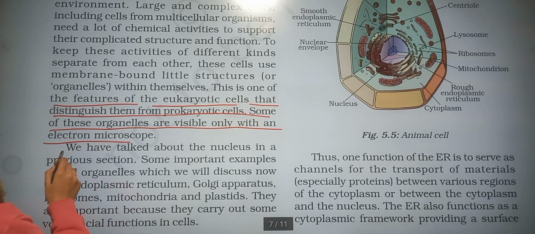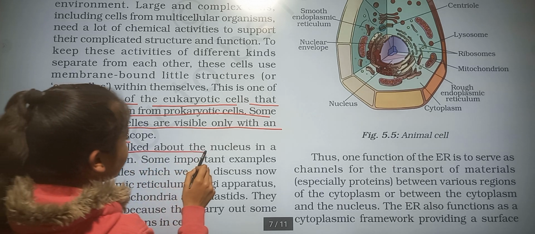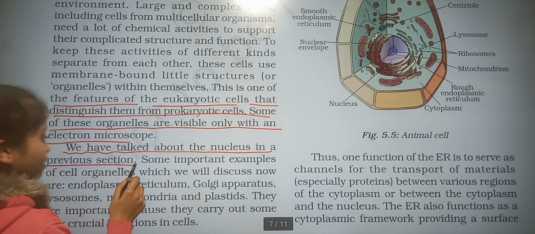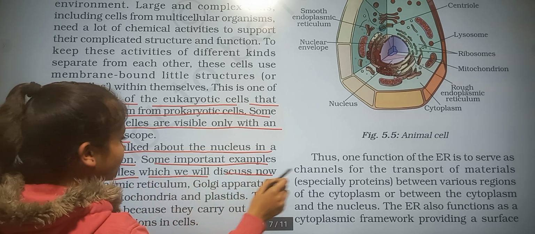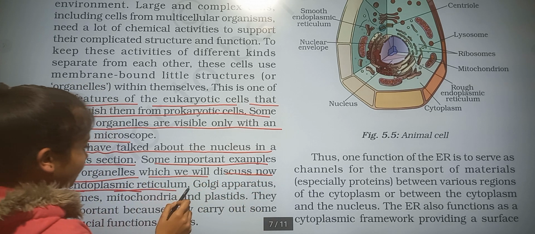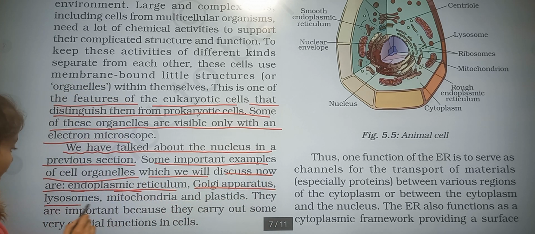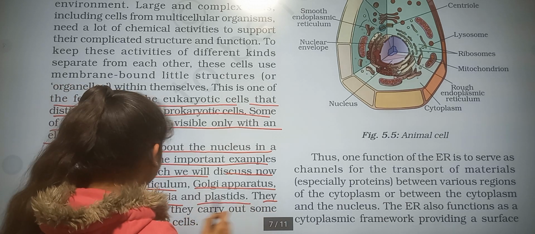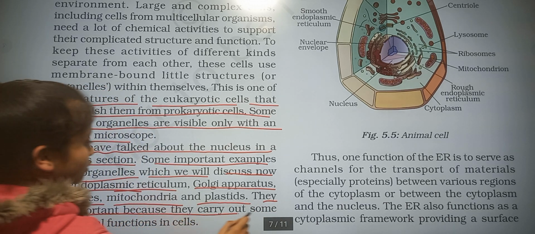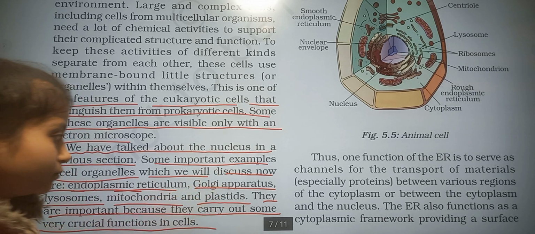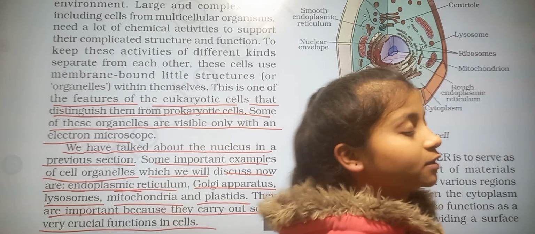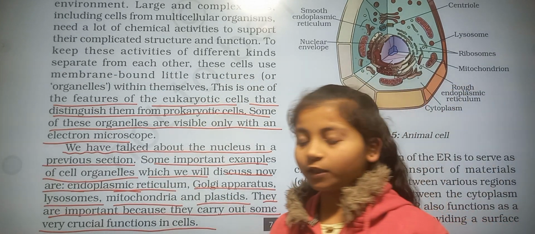We talked about the nucleus in the previous section. Some important examples of cell organelles which we will discuss now are endoplasmic reticulum, Golgi apparatus, lysosome, mitochondria, and plastid. They are important because they play a major role in the cell.